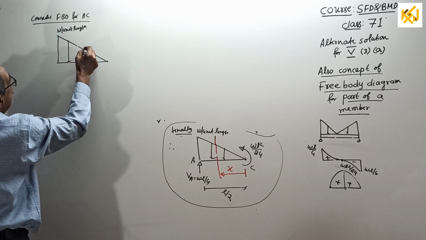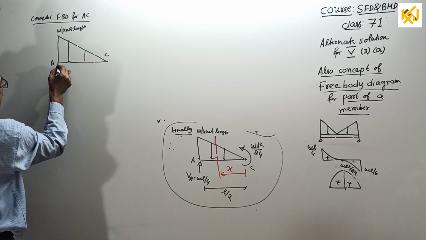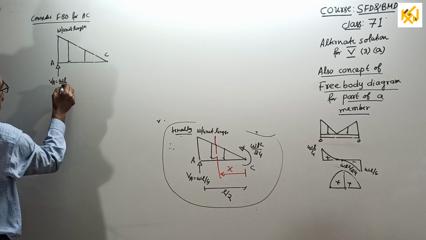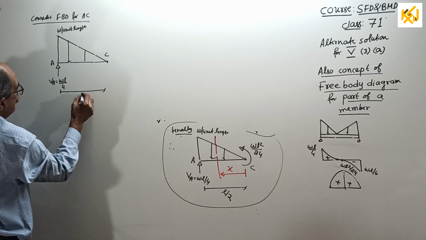See, this is A, this is C. There is a reaction here VA equal to WL by 4, and here at C, this length is L by 2.